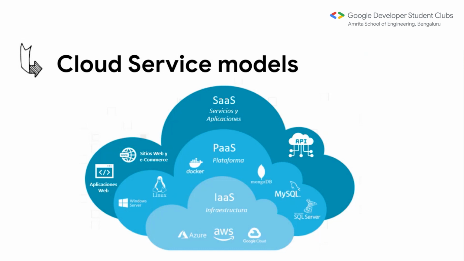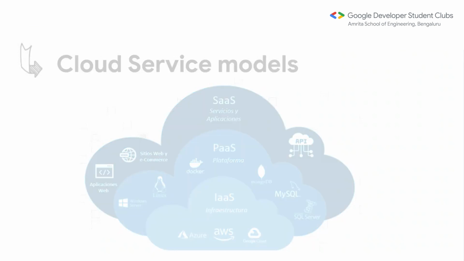Imagine there are multiple kinds of pizza: cheese crust, thin crust, handmade. Imagine you want to make a complete pizza for yourself. In that case, you would use IaaS. You need to do everything: buying yeast, dough, maida, whatever you need for a pizza. That sums up the difference between IaaS, PaaS, and SaaS.